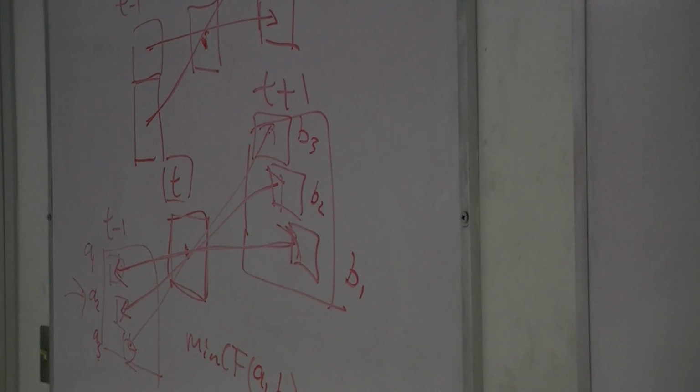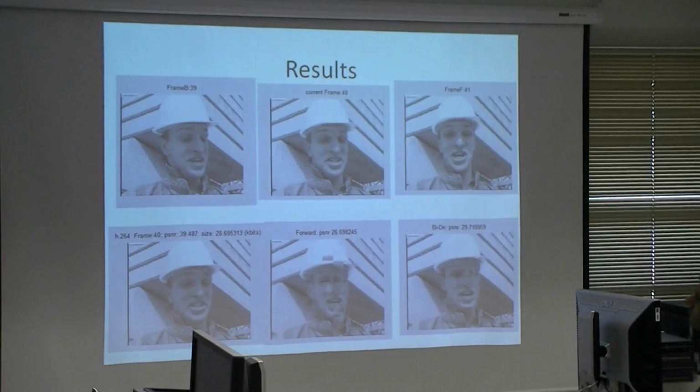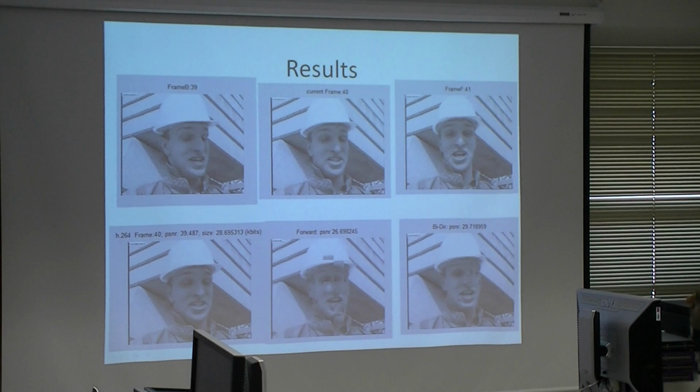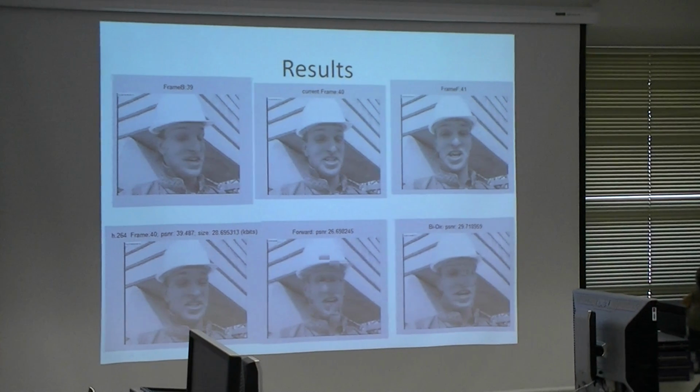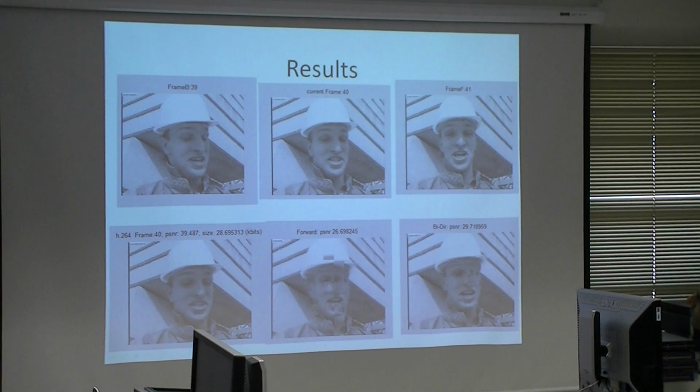So here's the result for a high motion sequence. Here we have a frame B, meaning a backward frame.